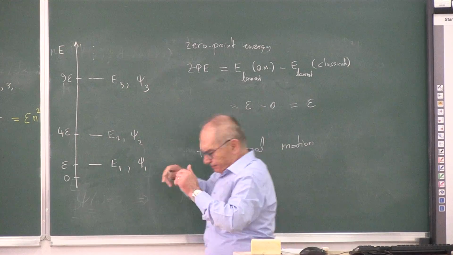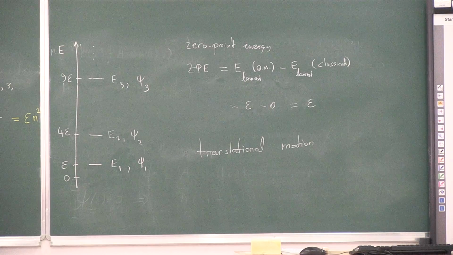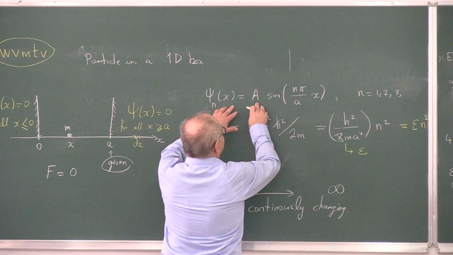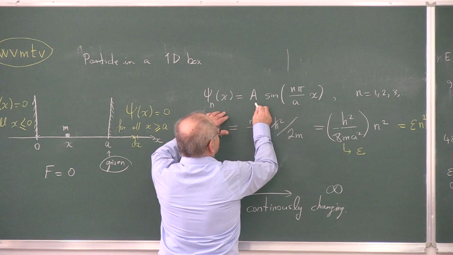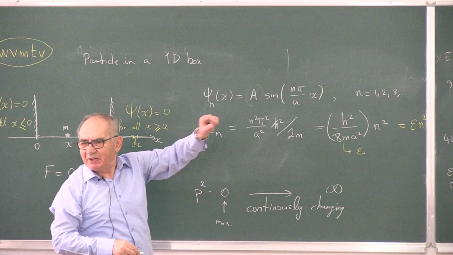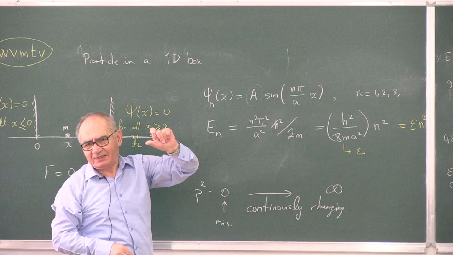Okay, now let us turn to the state function, the wave function, and determine the value of this A. What was the meaning of A? Normalization constant.